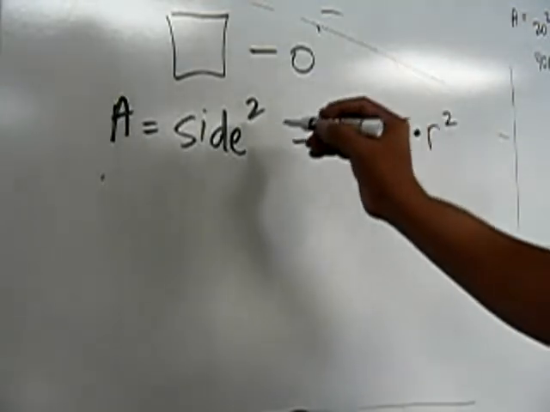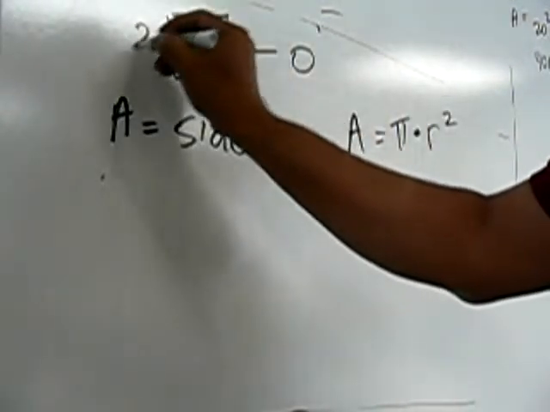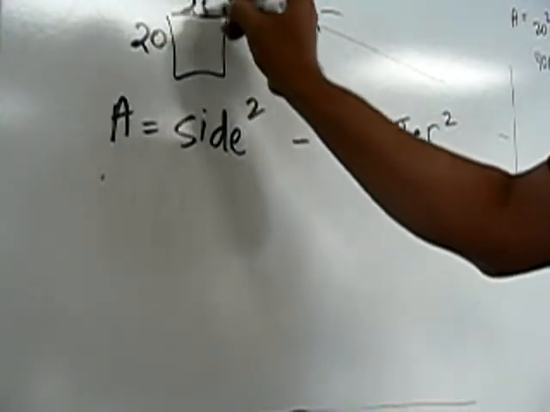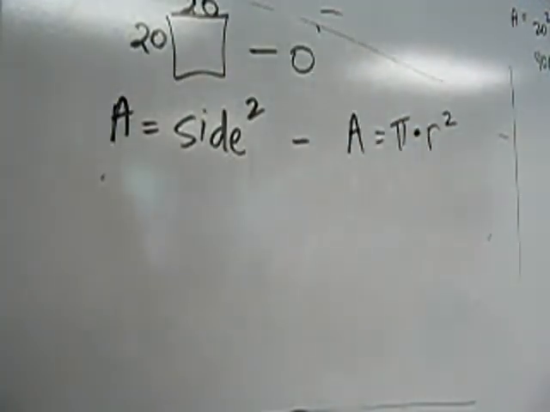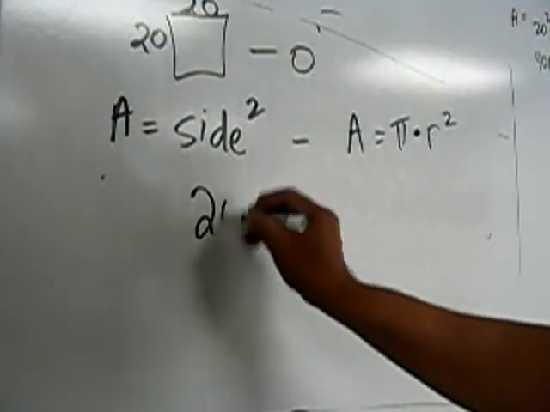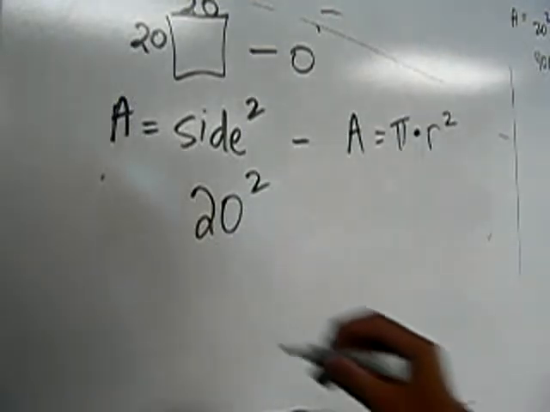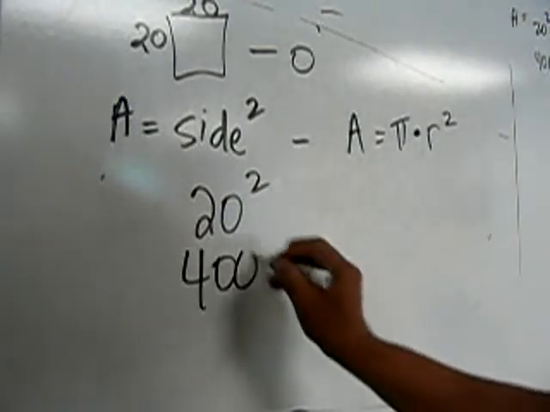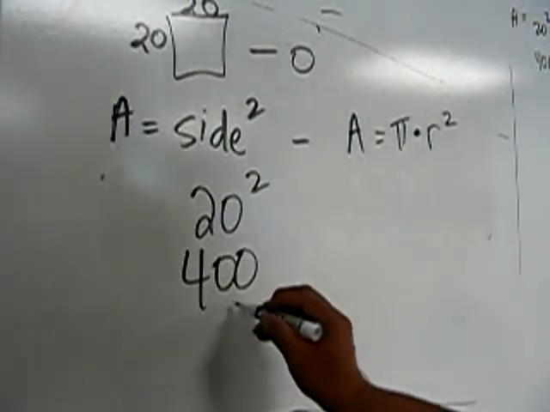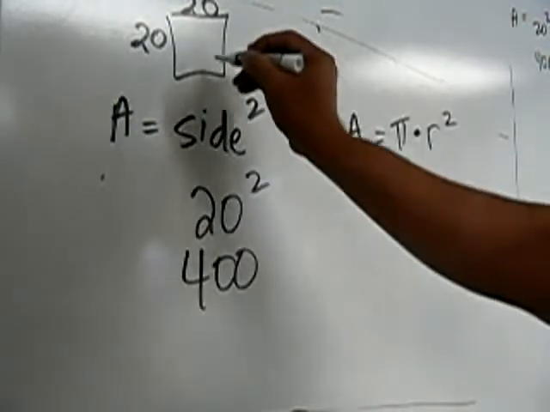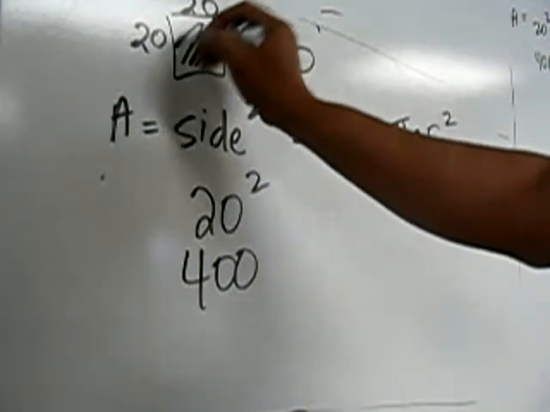Let's do what's easiest first. On the assignment, it tells me that the square is 20 by 20, so then 20 to the second power is going to be 400 square feet for the area of the plaza.